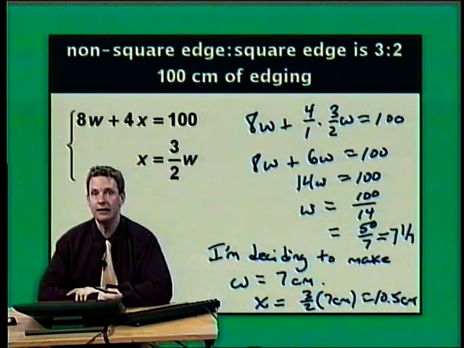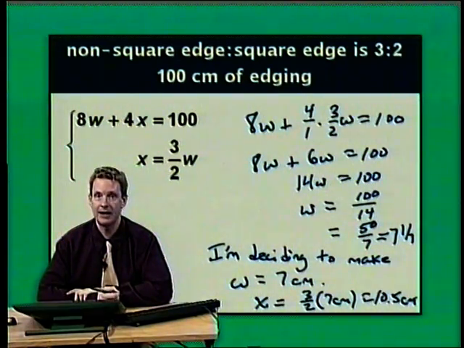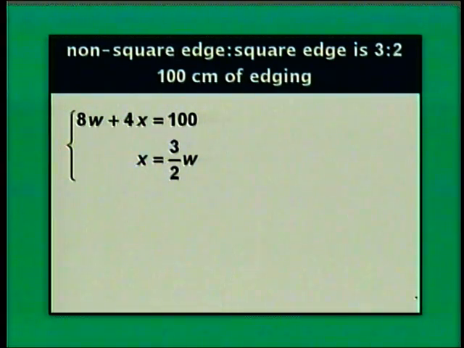Let's make sure that this answer makes sense in the context of the problem. I still have the equations on the screen, but that's not what I want to check. I want to check the information that was given in the problem. One of the things that I was told is that the ratio of the non-square edge length to the square edge length needs to be 3:2.